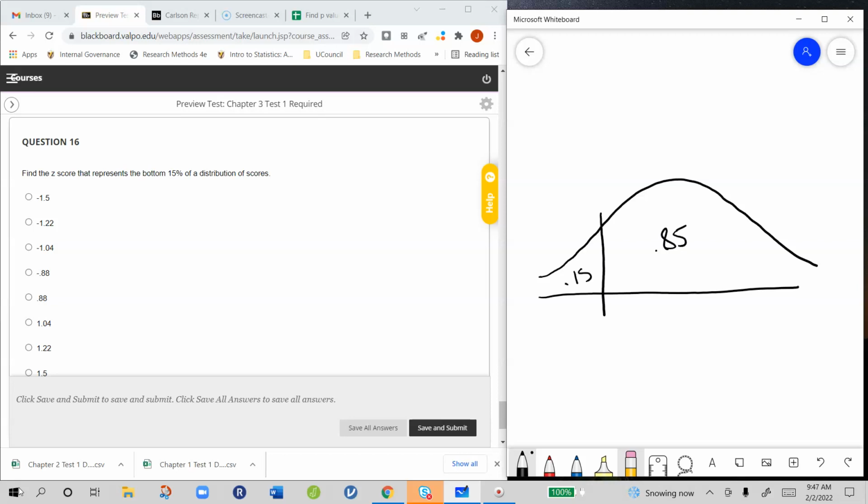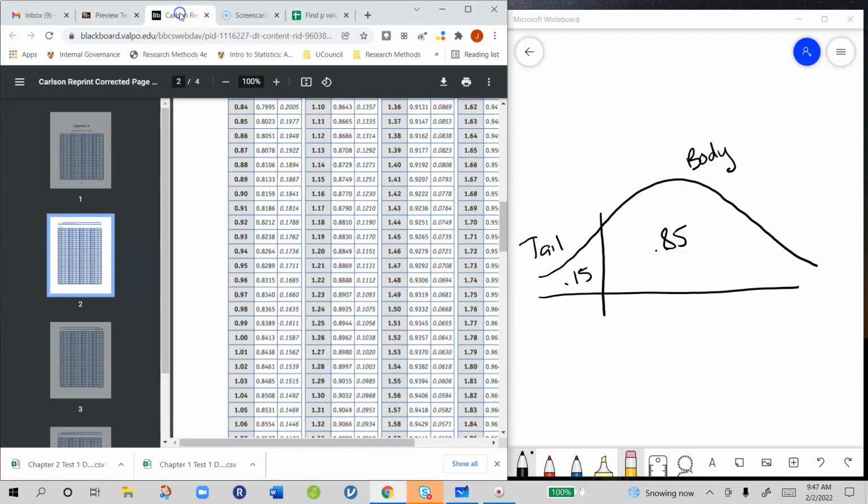So we're going to use the unit normal table to find a body of 0.85 with a tail of 0.15. You can't use the calculator to do this. You're going to need to use a z-table. If I look at a z-table, I'm looking for 0.15 in the tail and 0.85 in the body. You can see we're very, very close to that here at a z of 1.04.